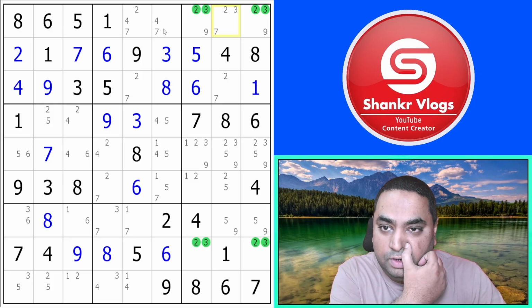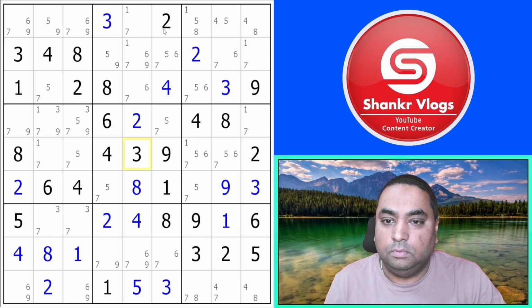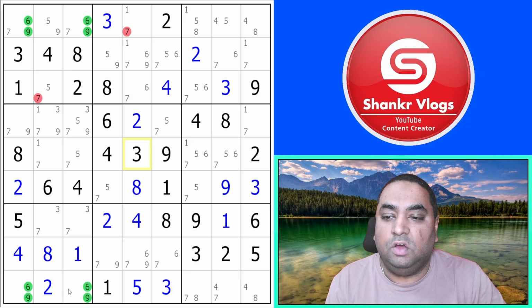Now we will see another example. Here the unique rectangle candidates are 6 and 9. One set of non-diagonal cells is 6 and 9, and the other set of non-diagonal cells is 6 and 9 over here.